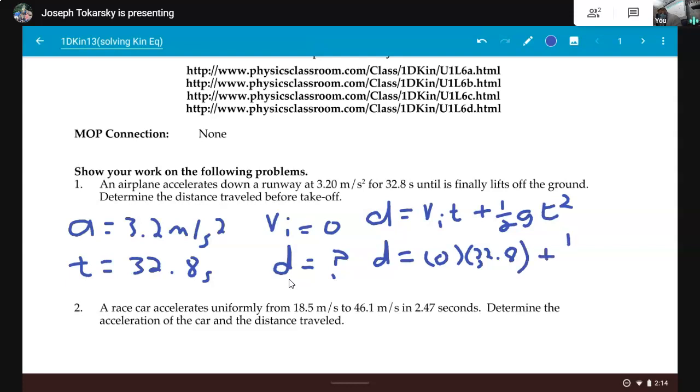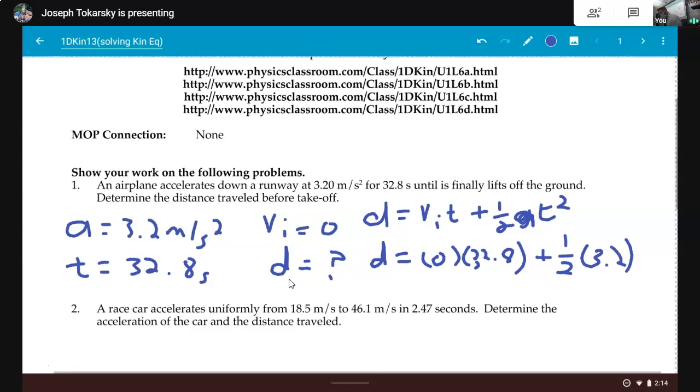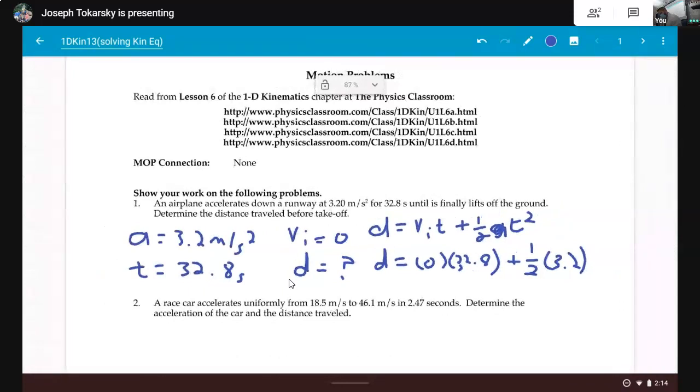Plus 1/2 times, oh, that should be an A there, I'm sorry. That's an A right there. I know that's a little ugly. 1/2 A, 3.2, times the T. Running out of room, but I'll squeeze it in there. That's 32.8 squared. Alright, so, I know it's kind of ugly there, but you get the point.